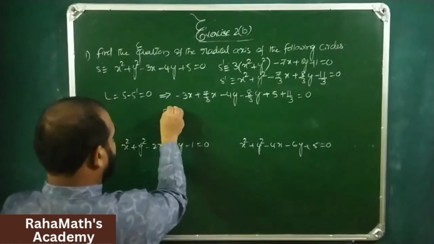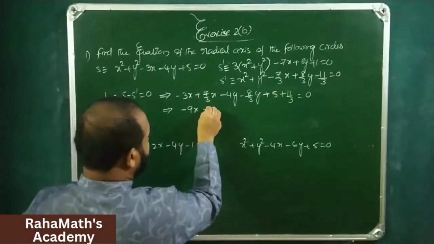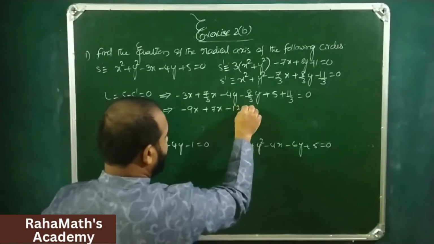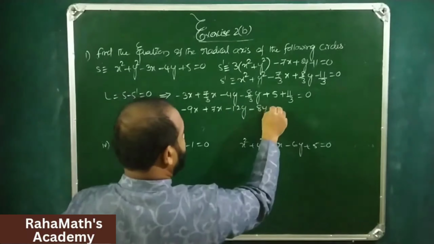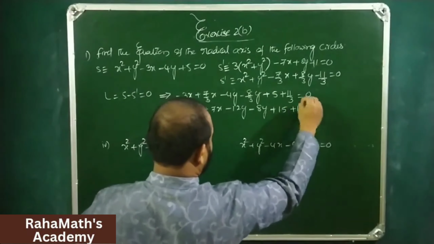Now take 3 as LCM: 3 3s are 9x plus 7x, plus 3 4s are 12y minus 8y, plus 3 5s are 15 plus 11, equals 0 by 3.